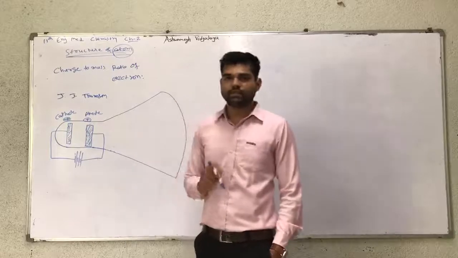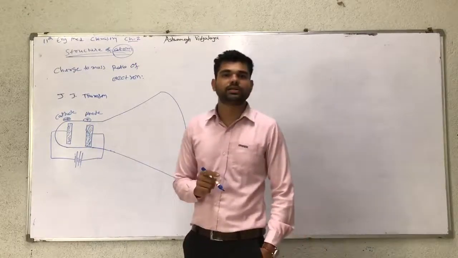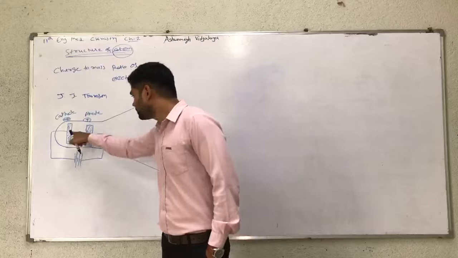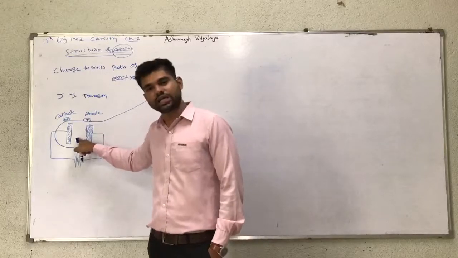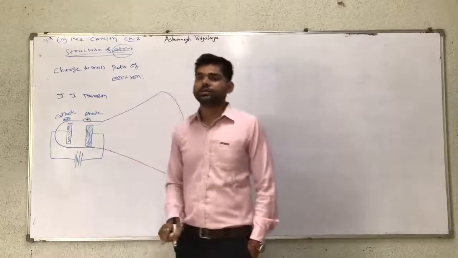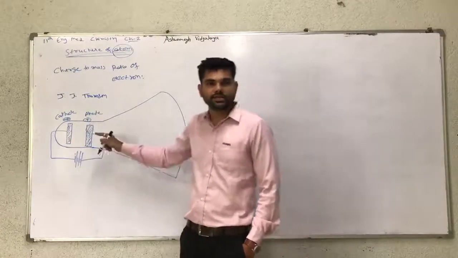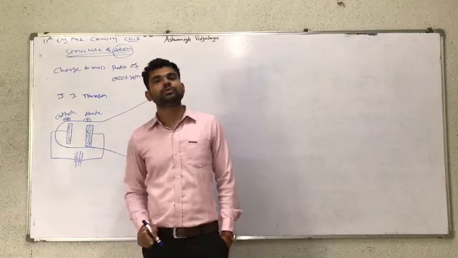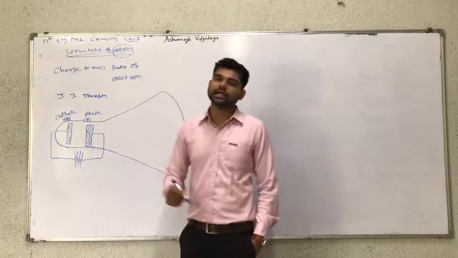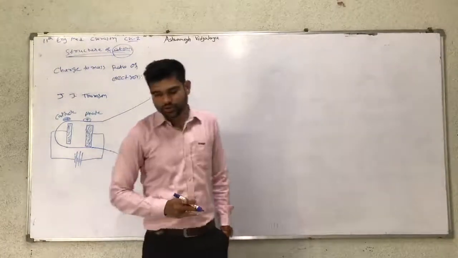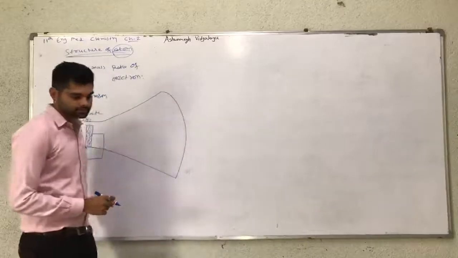Using which concept? Michael Faraday's statement that this ray travels in a straight line, but in an electric or magnetic field, this ray is deviated. So first put an electric field, created using two plates.